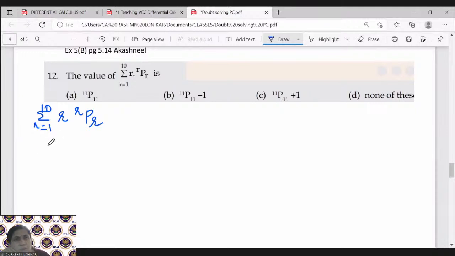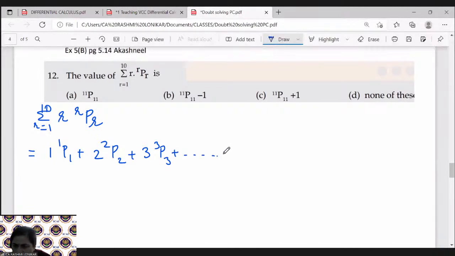If I put r equal to 1, what will I get? So this is 1 into 1P1 plus 2 into 2P2 plus 3 into 3P3 and so on, up to 10 into 10P10.